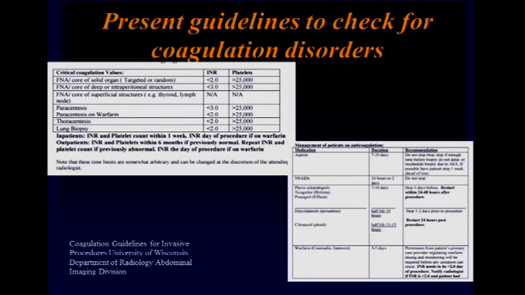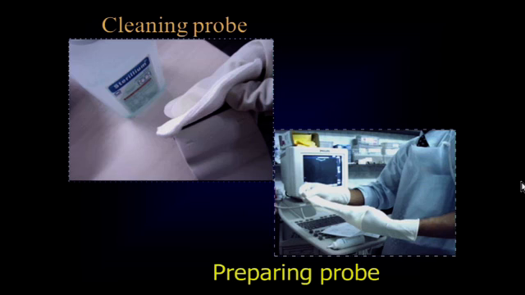When we are doing a core biopsy of an organ like liver or kidney, it is better to check for coagulation disorder. Similarly, stopping anticoagulants like aspirin, clopidogrel, etc. would largely depend upon the institute where you practice and the guidelines which are available at your place.